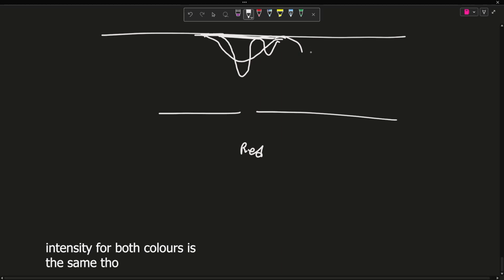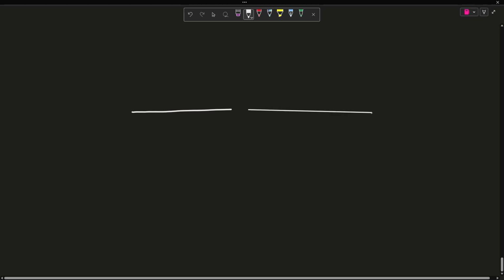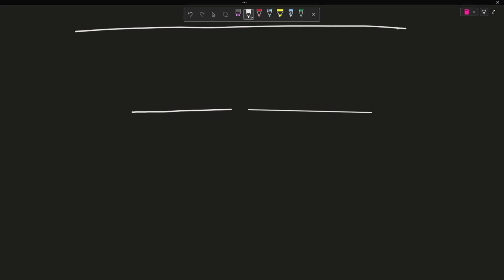And if you change the width of the slit, then the pattern spreads out more. So with a very narrow slit, like this, then the pattern will be spread out and less intense.